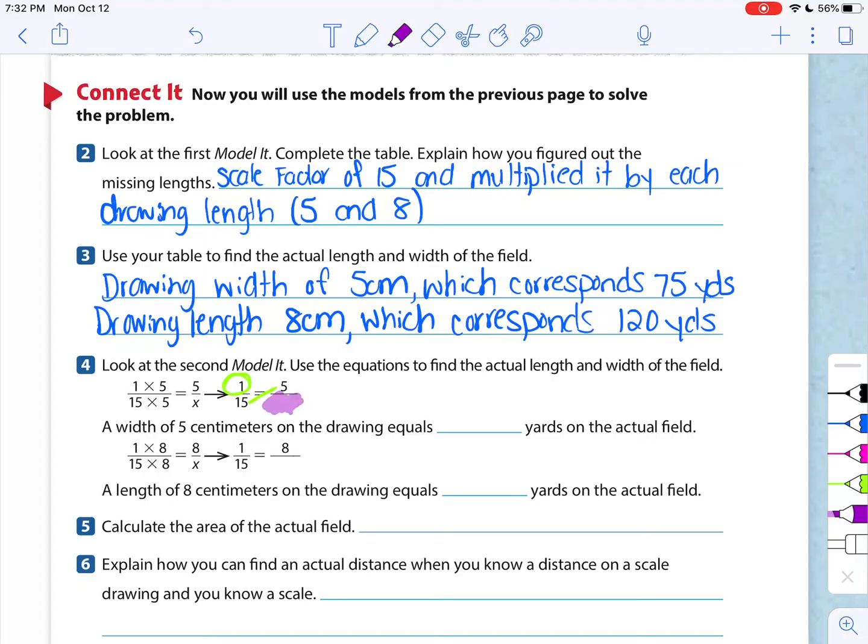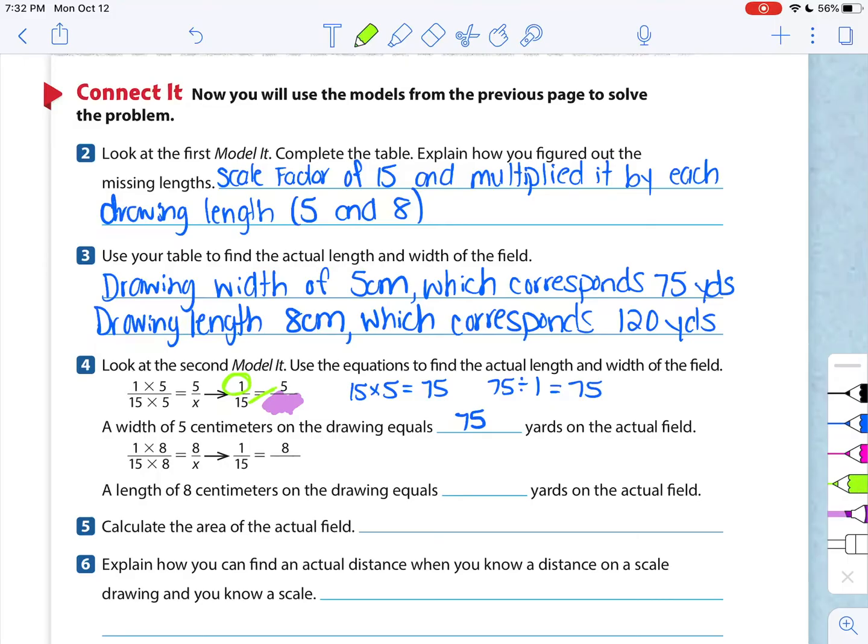So we're going to cross multiply 15 times 5, which equals 75, and then 75 divided by 1, which equals 75. So a width of 5 centimeters on the drawing equals 75 yards on the actual field.